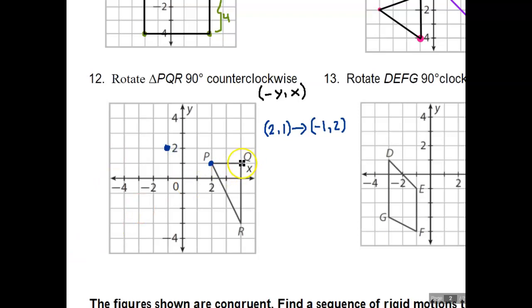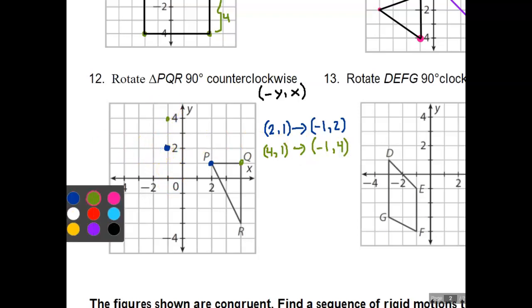Okay, and we just go through each one. Q, which is 4 comma 1, right? So that'll be at negative 1 comma 4. That's Q prime. And then lastly, we'll have R, which is 4 comma negative 3. Okay.